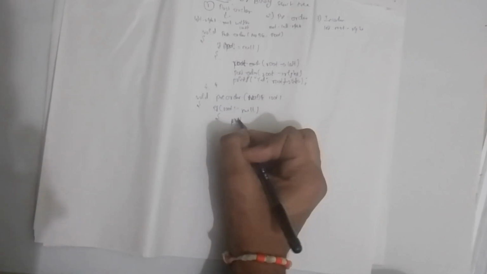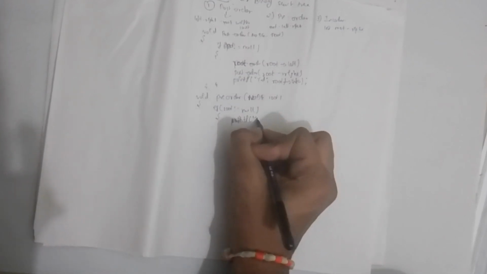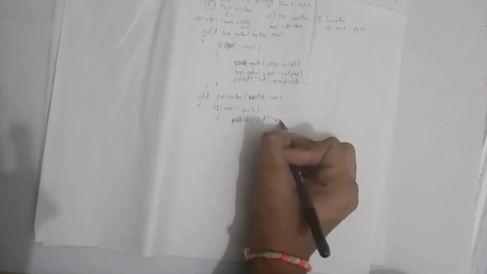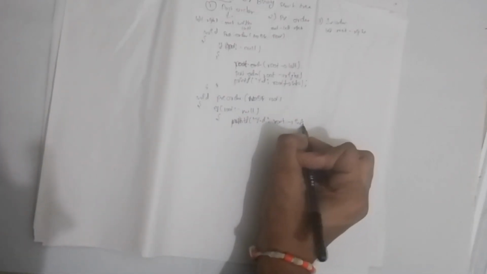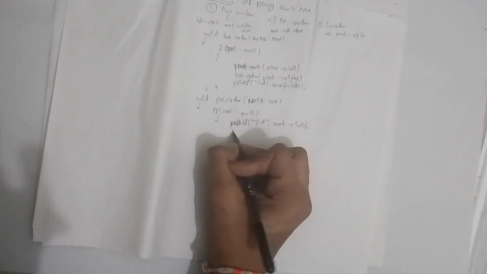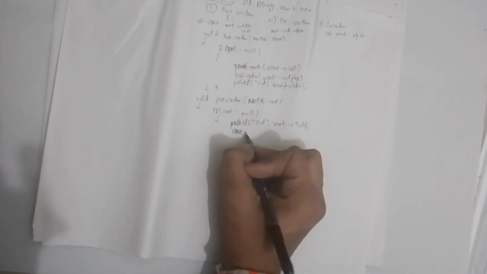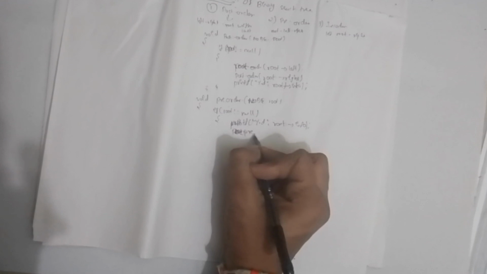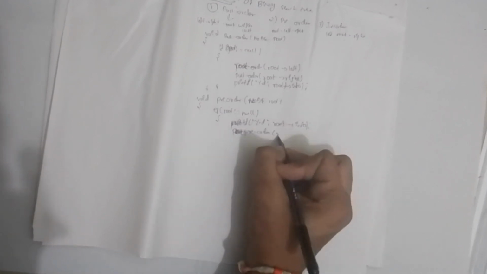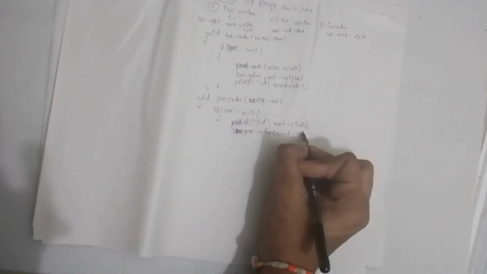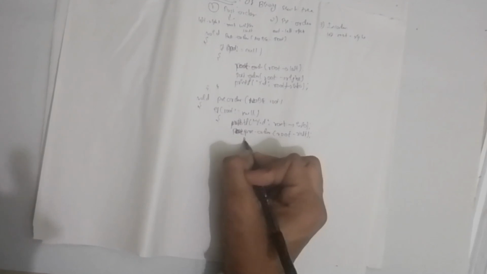First we need to print the actual data, so root info, and then we need to traverse first to the left, pre-order root left, pre-order root right.